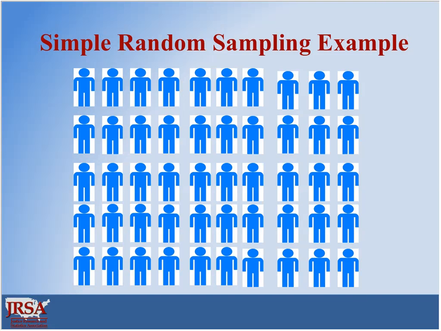So I received a random list of numbers, and this resulted in 1, 3, 7, 9, and so forth, popping up, and this is my random sample of 20 individuals, 20 graduates.